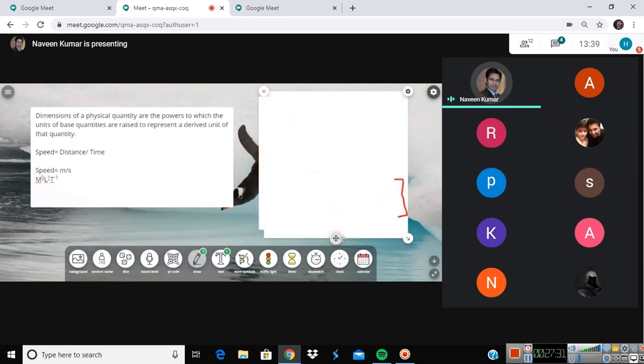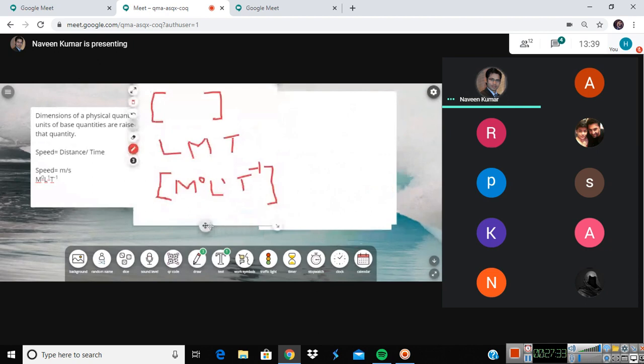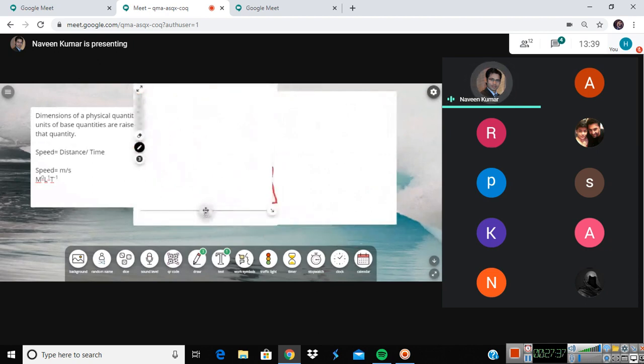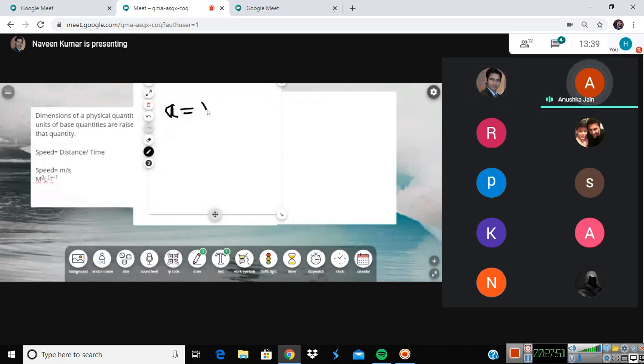Similarly, we can write the dimensional formula of other physical quantities. Just like I want to write the dimensional formula of acceleration. Yesterday we derived the unit: acceleration is velocity divided by time, v by t, and this is the formula.